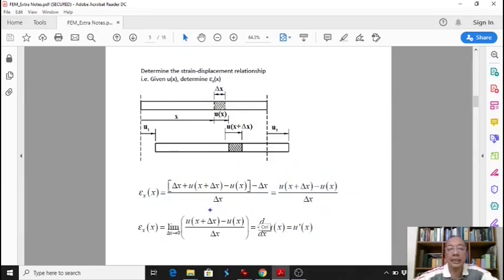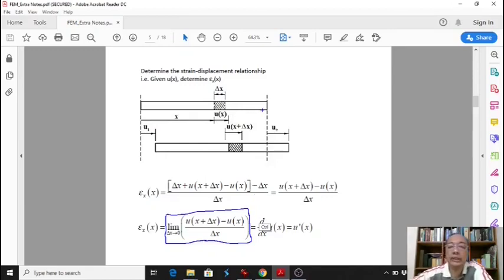From basic calculus, if we take the limit of u of x plus delta x minus u of x per delta x as delta x approaches 0, this term is the definition of du per dx.